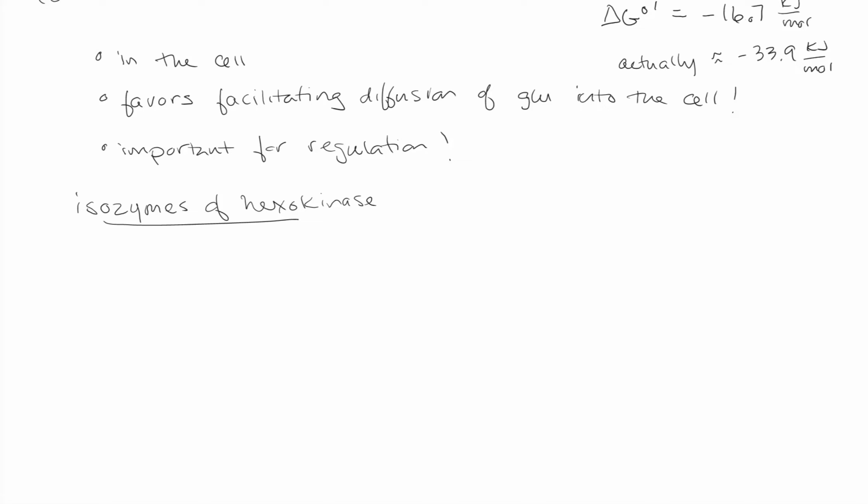Hexokinase 1 is the principal form in the brain. Hexokinase in skeletal muscle is a combination of types 1 and 2, and that occurs in approximately a 75-25 ratio.